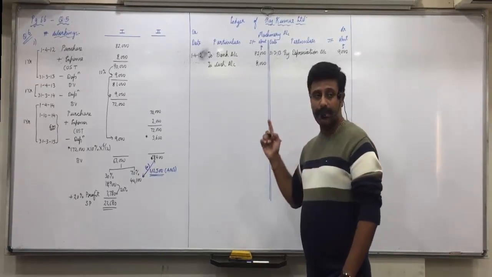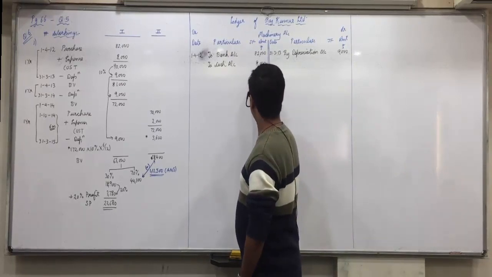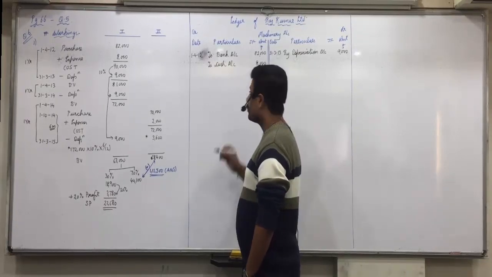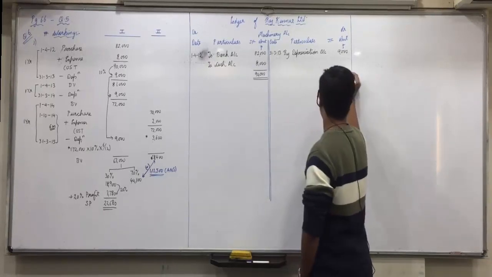Yes, after 31st March depreciation you will do balancing. How will you do? So 90,000, 82,000 plus 8,000, 90,000 on both the sides.